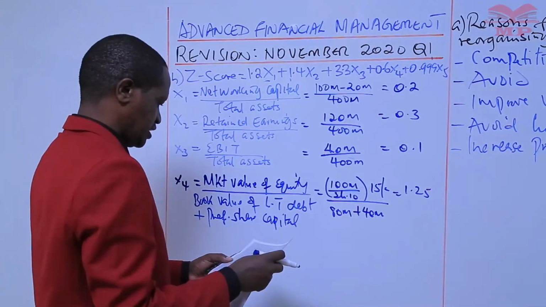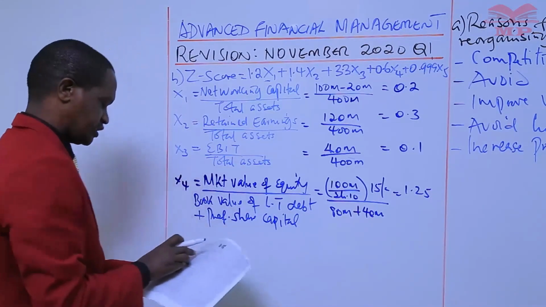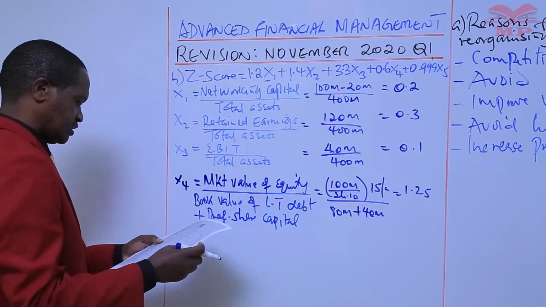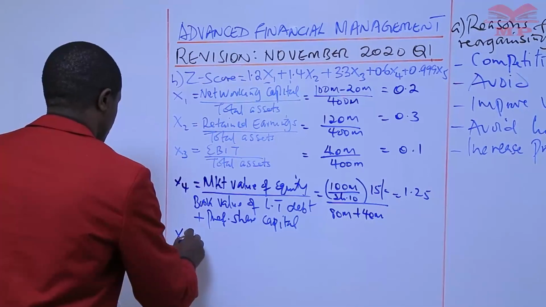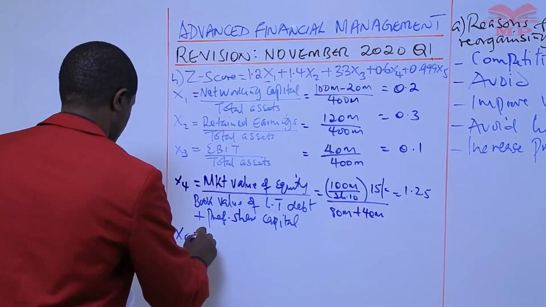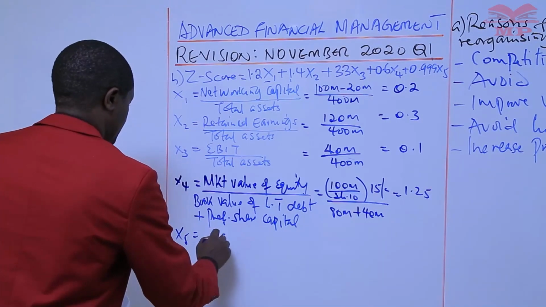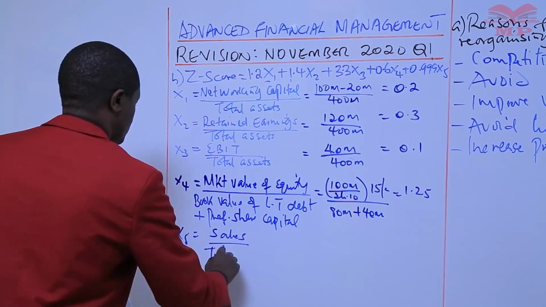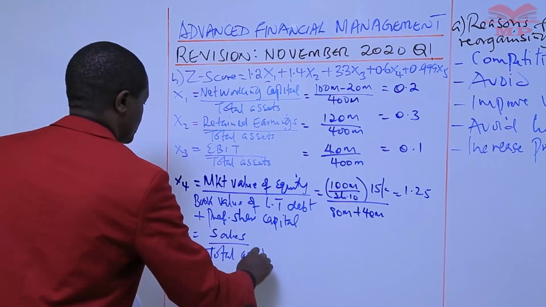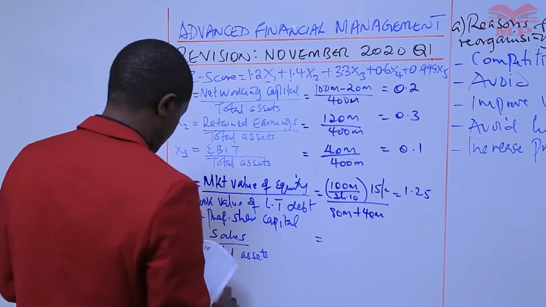Then there is X5. We need to include X5. X5 is equal to sales over total assets.